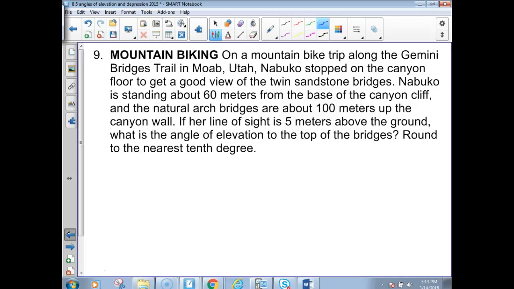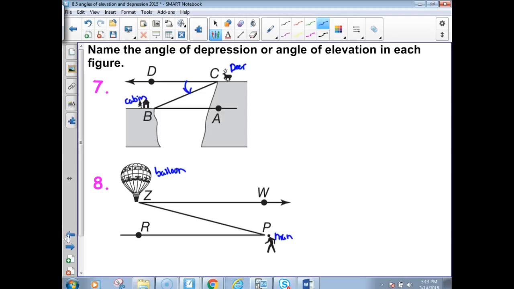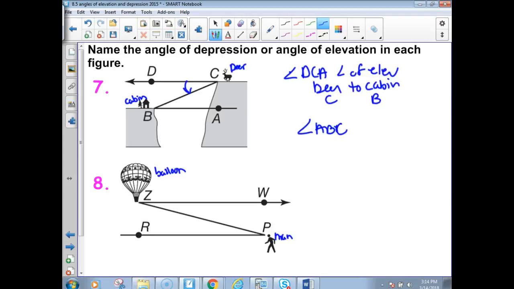Okay. I bet you're going to want me to help with Nabucco and the mountain thing. Number 9. All right, so just really quick, then I'll just say what you should have for 7 and 8. It should be angle DCA is the angle of elevation, and it's going to be deer to cabin, or you can say C to B. Angle ABC is an angle of I wrote elevation.